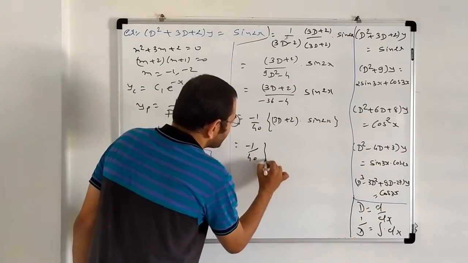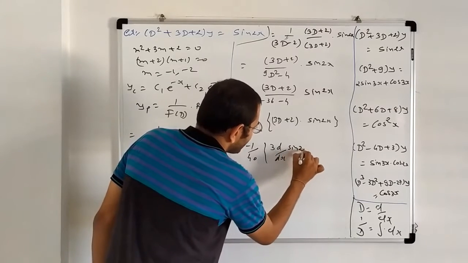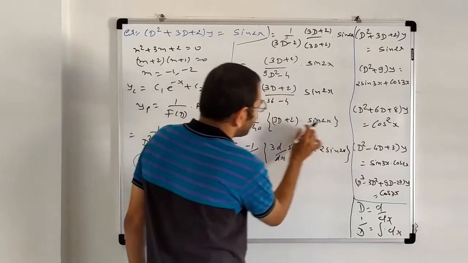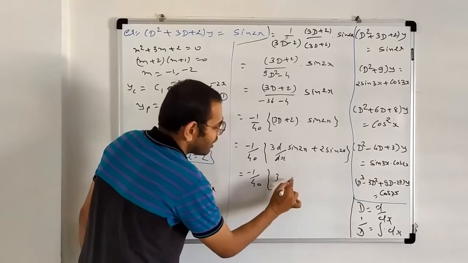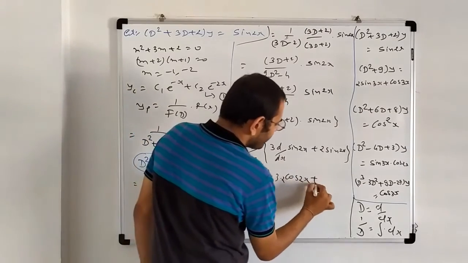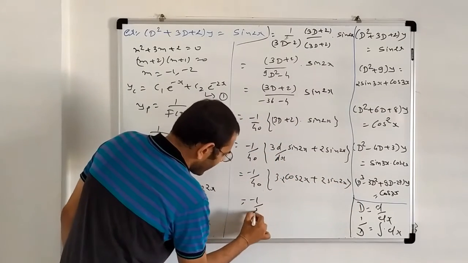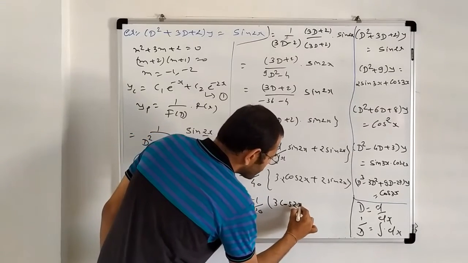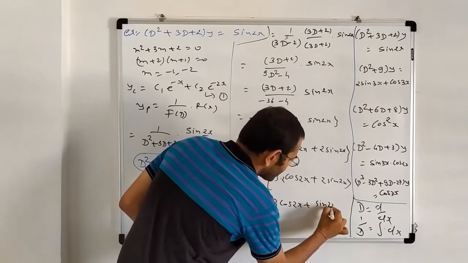So here, minus 1 by 40, into 3 d by dx of sin 2x plus 2 sin 2x. Expand the brackets: 3 times the derivative of sin, which is cos 2x into 2, plus 2 sin 2x. The 2 is common and cancels out, so we get minus 1 by 20, times 3 cos 2x plus 2 sin 2x.